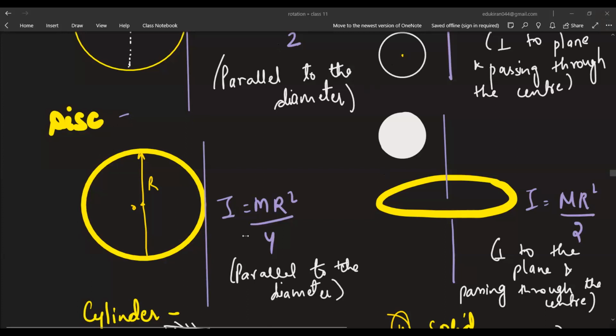Alina, you answer for the solid cylinder. Quickly, answer for the solid cylinder. Type it.